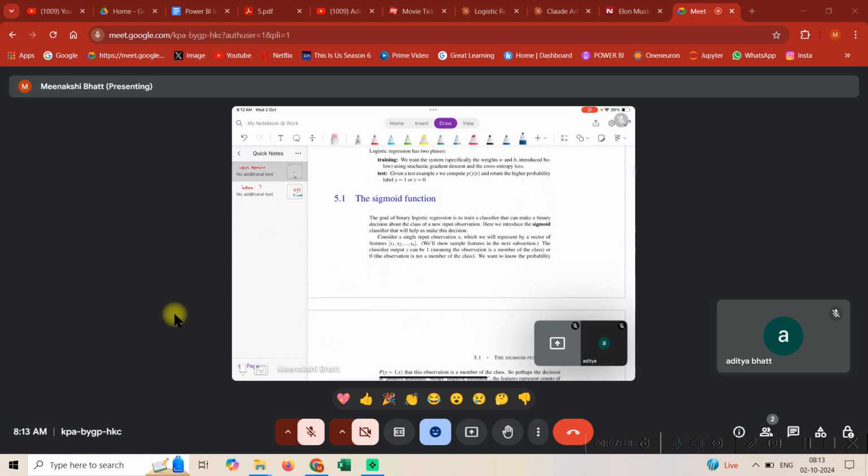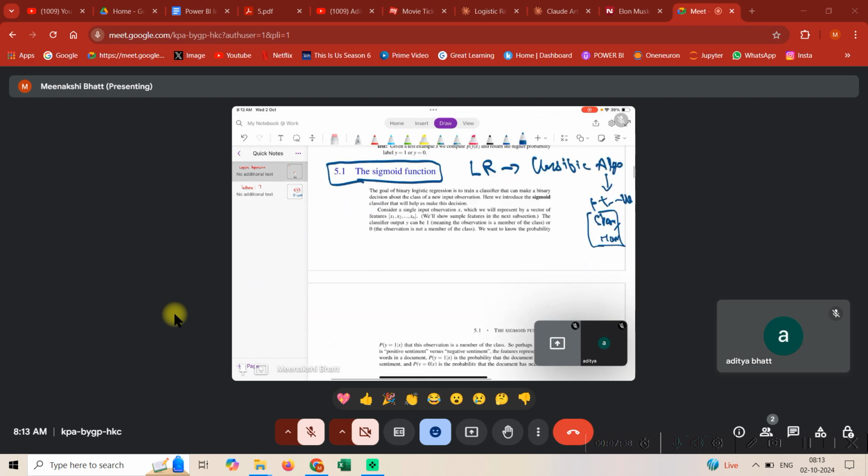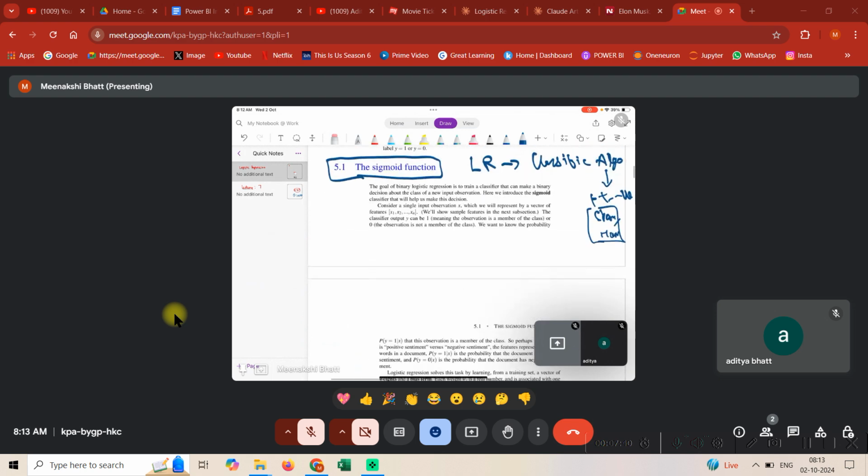So there is something known as the sigmoid function. First of all, logistic regression is a classification algorithm. It helps you classify, let's say, positive and negative reviews, spam and ham. We have talked about these things a lot, so I don't want to spend a lot of time, and we need to quickly pick up our pace so that we can match the pace of development, but we'll do it slowly, don't worry.